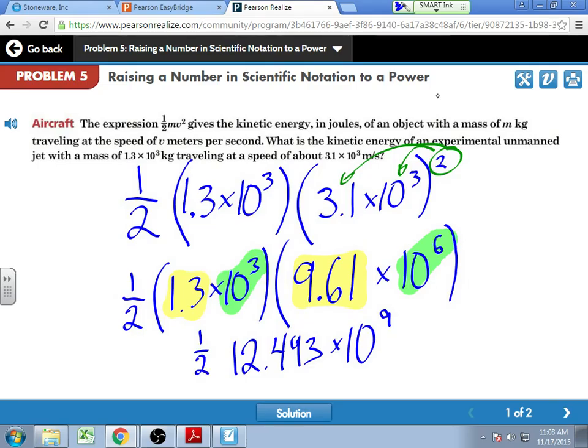We just half the base value, the 12.493, and it becomes 6.2465 times 10 to the 9th. Well, I was about to ask, what is our label here? Joules. So, it'd be J.